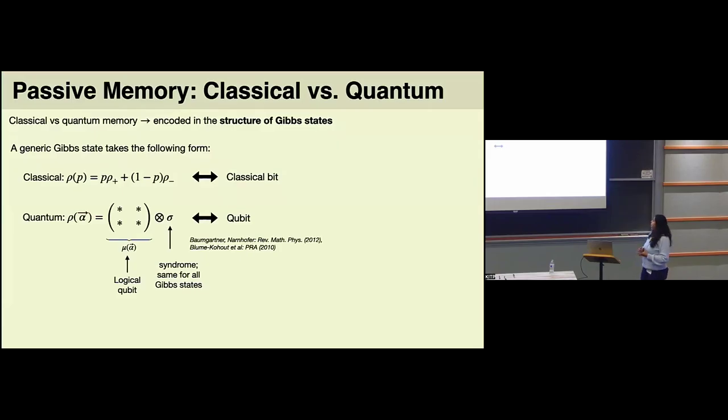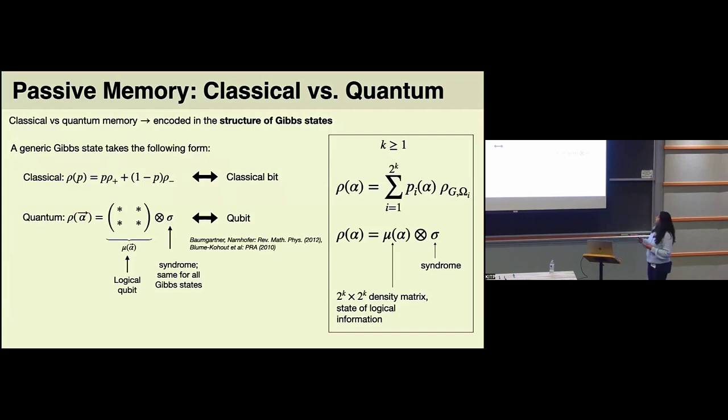There are actually structure theorems in math that tell you that for a quantum memory parameterized by, say, this vector alpha, every steady state can be written as a tensor product between this 2 by 2 density matrix, if I'm talking about a qubit, which encodes the state of the logical qubit, and a syndrome density matrix, which is independent of alpha and the same for all Gibbs states. So every choice of alpha defines one of these metastable states that Tiago and Anthony mentioned.